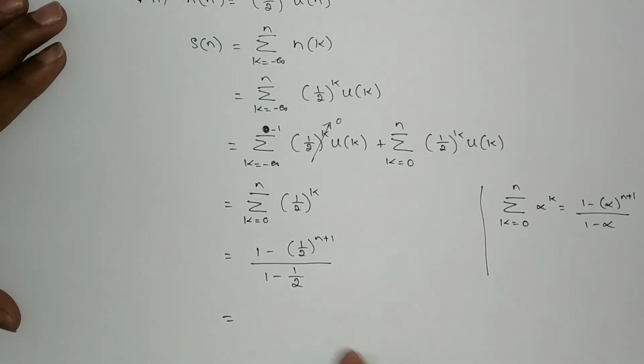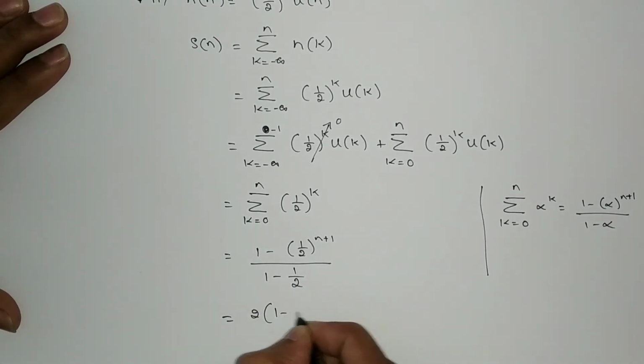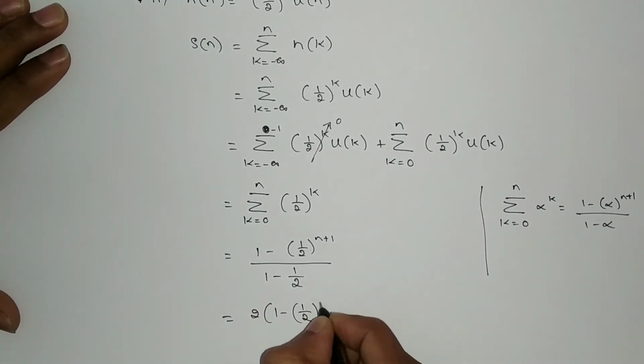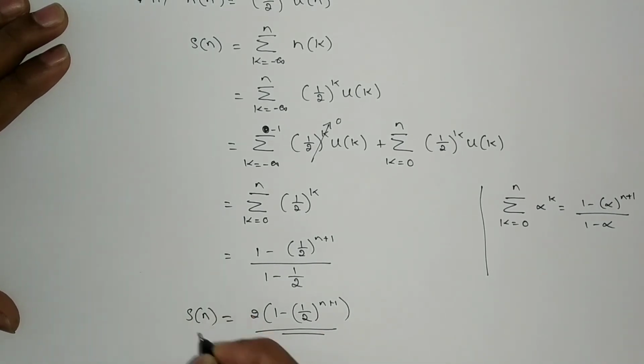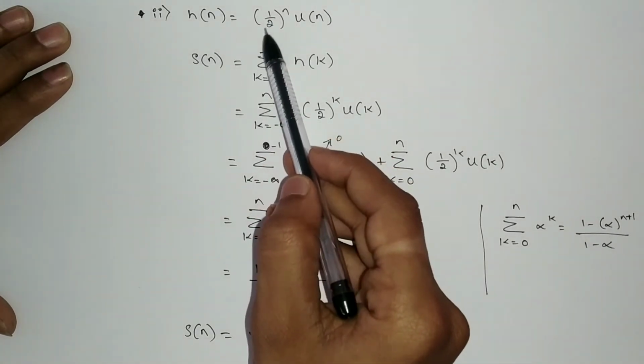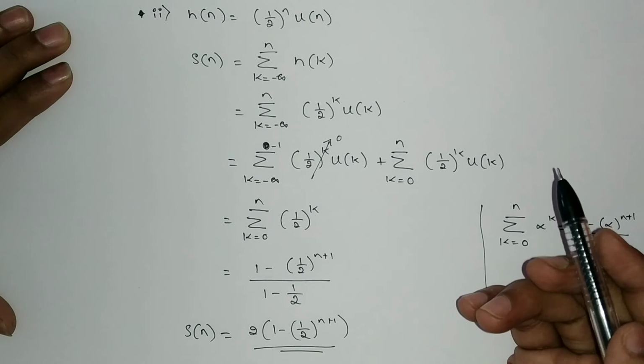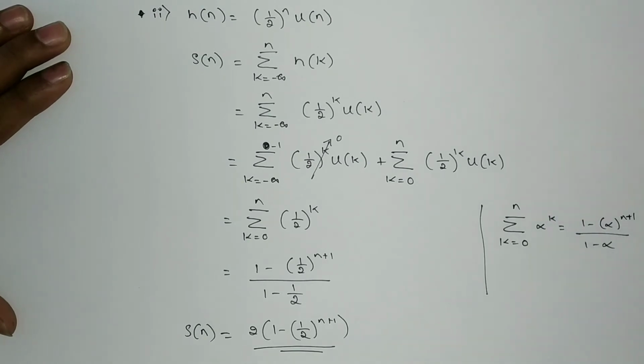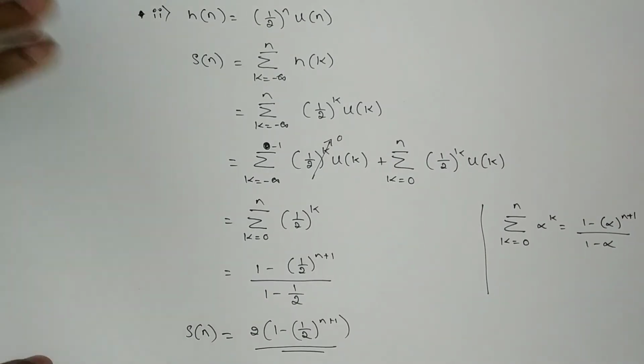On resolving, we will be getting 2 into 1 minus 1 by 2 power n plus 1. This is the step response for the given h of n is equal to 1 by 2 power n into u of n. Okay, this is with respect to the discrete time unit step response.